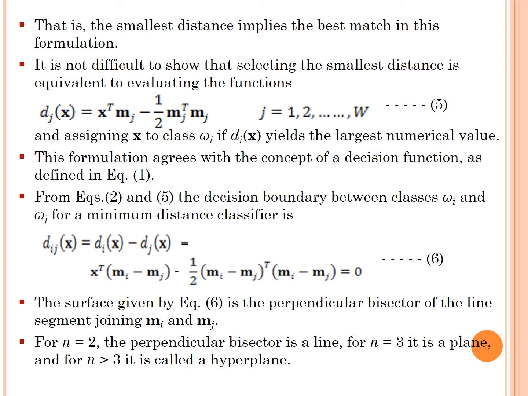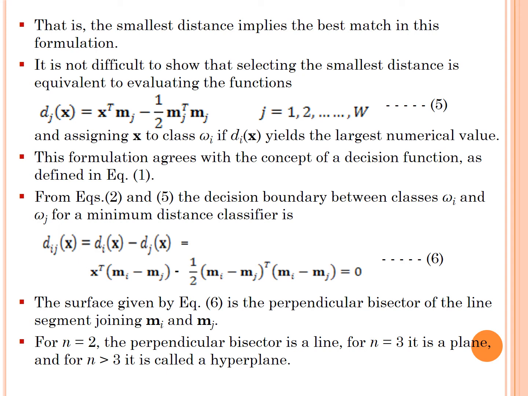From equations 2 and 5, the decision boundary between classes w_i and w_j for a minimum distance classifier is d_ij(x) = d_i(x) - d_j(x) = x^T (m_i - m_j) - (1/2)(m_i - m_j)^T (m_i - m_j) = 0.